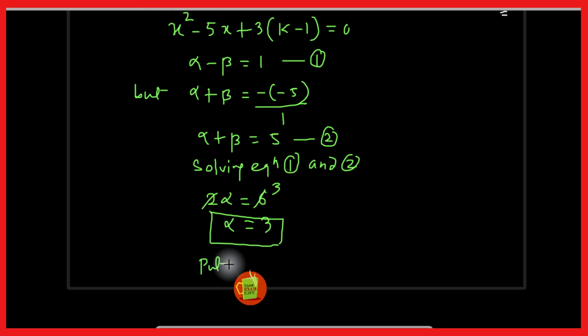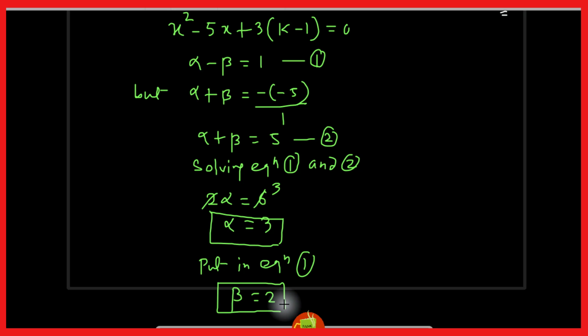So if you put alpha in equation number 1, you will get beta is equal to 2. Beta is equal to 2. So you have got the values of alpha and beta, and you have to find the value of k.